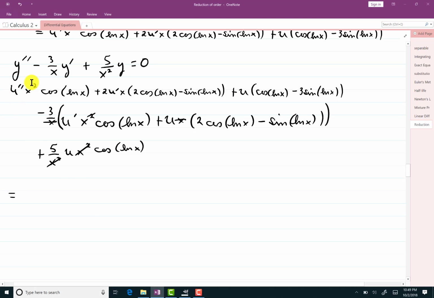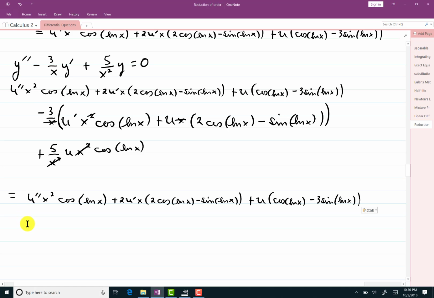This part, the u double prime, I mean the first line is fine. So we'll just copy and paste that one. The second line, I'm going to get negative 3u prime x cosine of ln of x. And then I'm going to get negative 3u times 2 cosine of ln of x minus sine of ln of x.